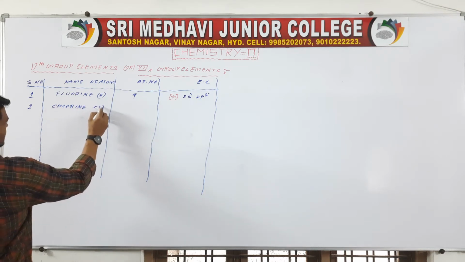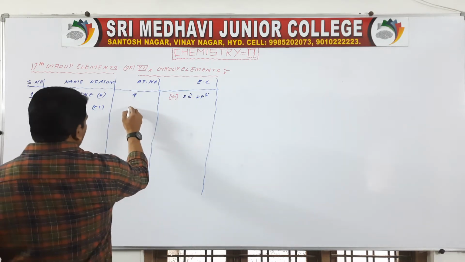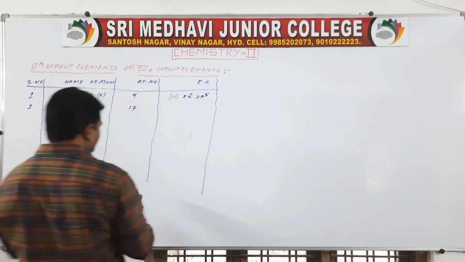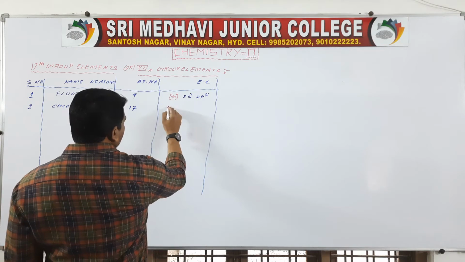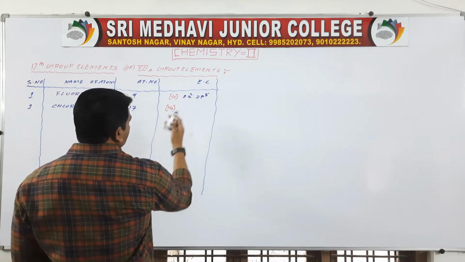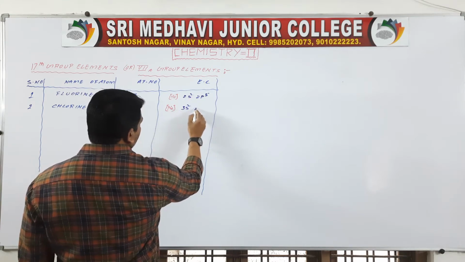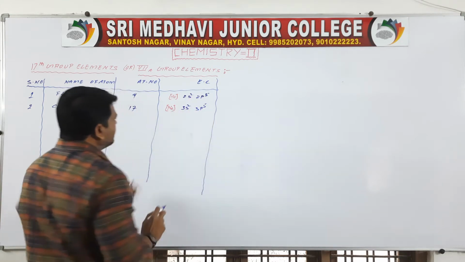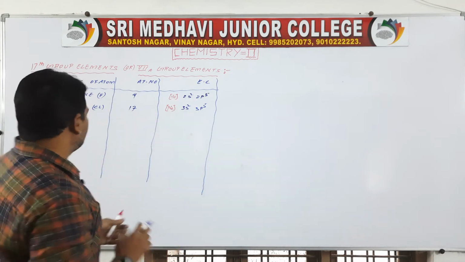Chlorine, symbol Cl, atomic number 17. The condensed electronic configuration is neon 3s2 3p5, 10 plus 7, 17.